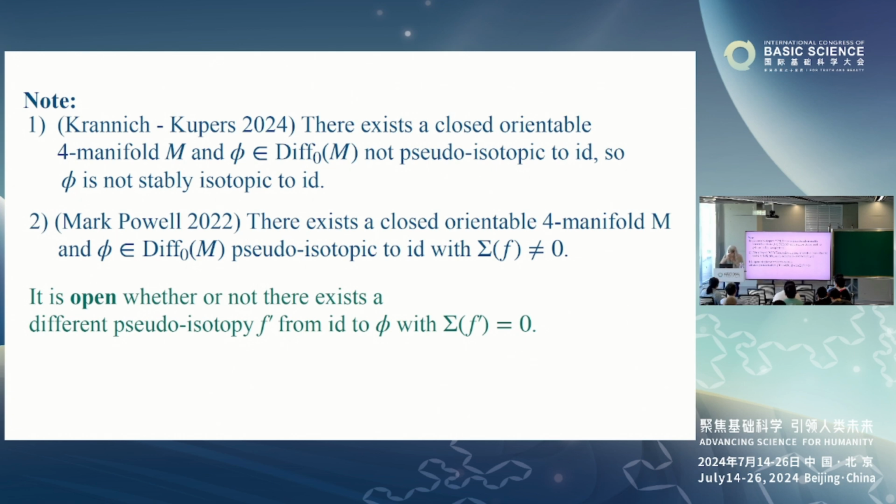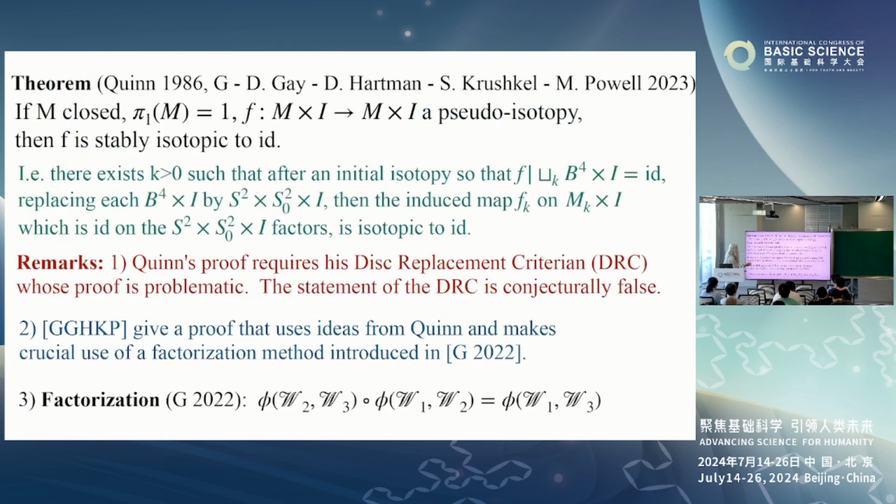Right. Okay. So here's the next item. The previous theorem was about stabilization of a diffeomorphism. Here we have a theorem, basically Quinn from 1986, about stabilization of the pseudo-isotopy itself.